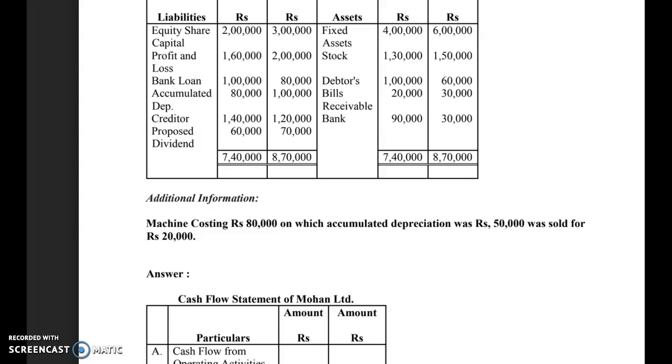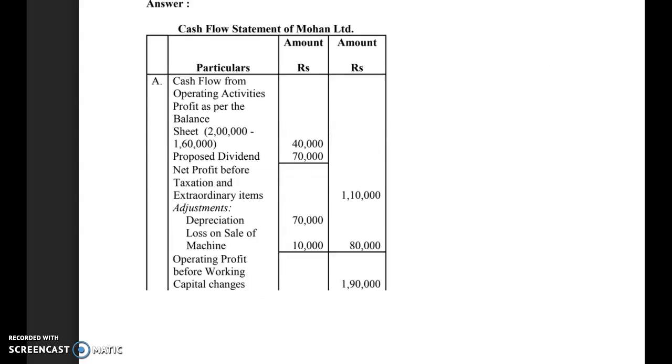So out of 80,000, a machine on which accumulated depreciation was 50,000 being sold, the depreciation account closing balance must be 30,000. 80,000 opening balance minus 50,000, 30,000. But actually it shows how much? 1 lakh.